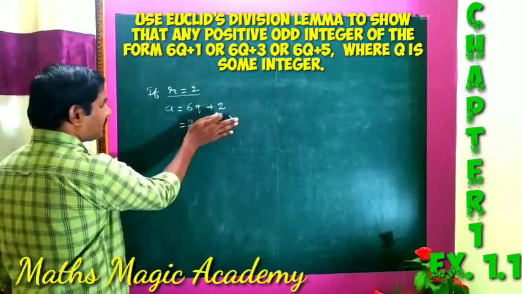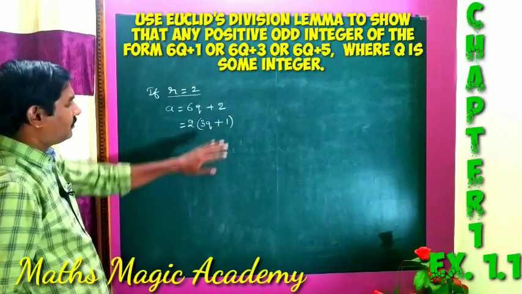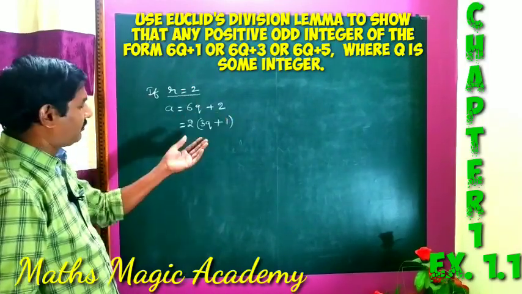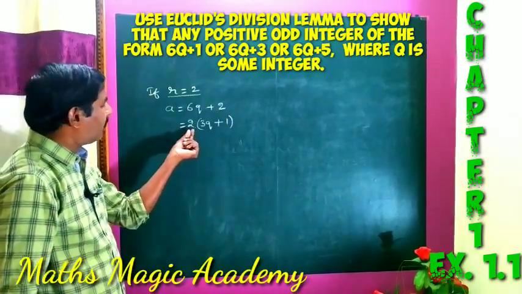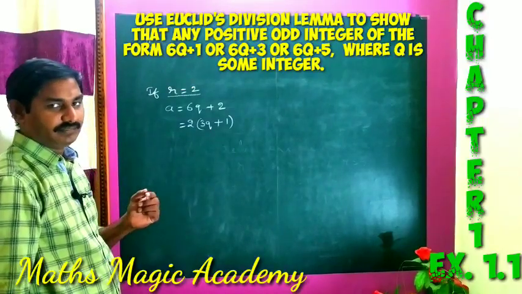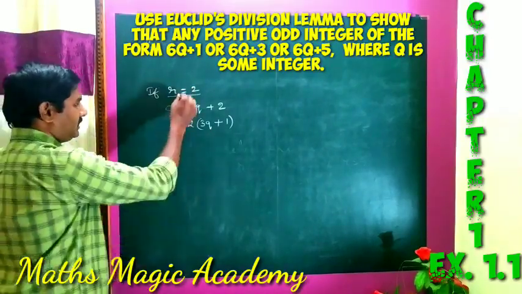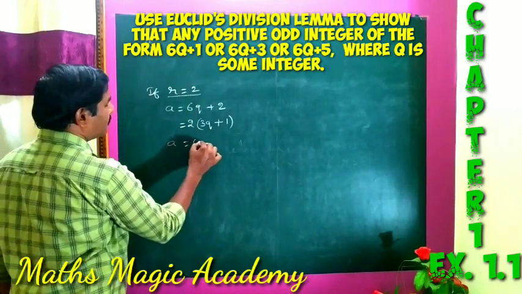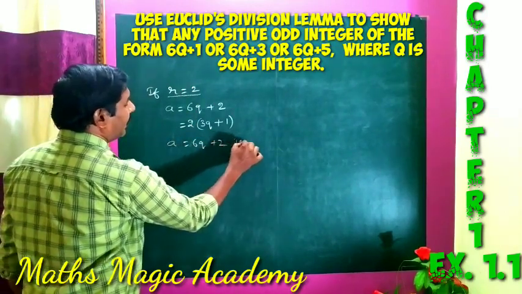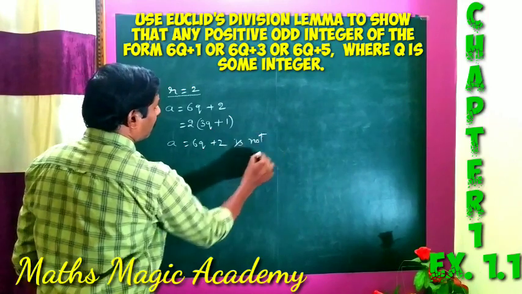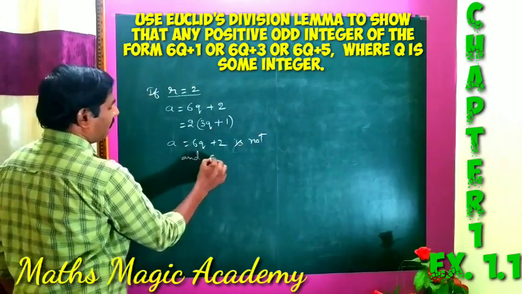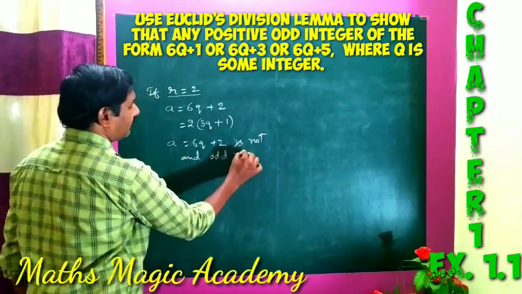You can assume this 3q plus 1 as n or m, then it is in the form of 2 into n, the general form of an even number. That means a equals 6q plus 2 is not an odd integer.